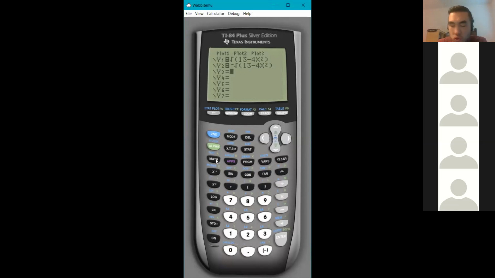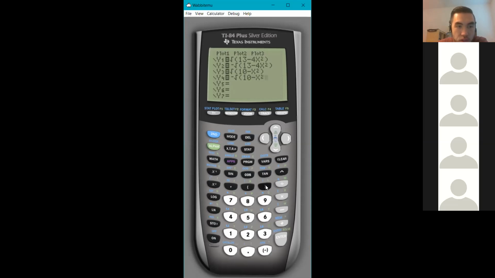And to get the circle, this is going to be equal to the square root of 10 minus x squared. And again, it doesn't know that square roots have a plus and minus, so I have to manually put in the bottom half of the circle, negative square root of 10 minus x squared.